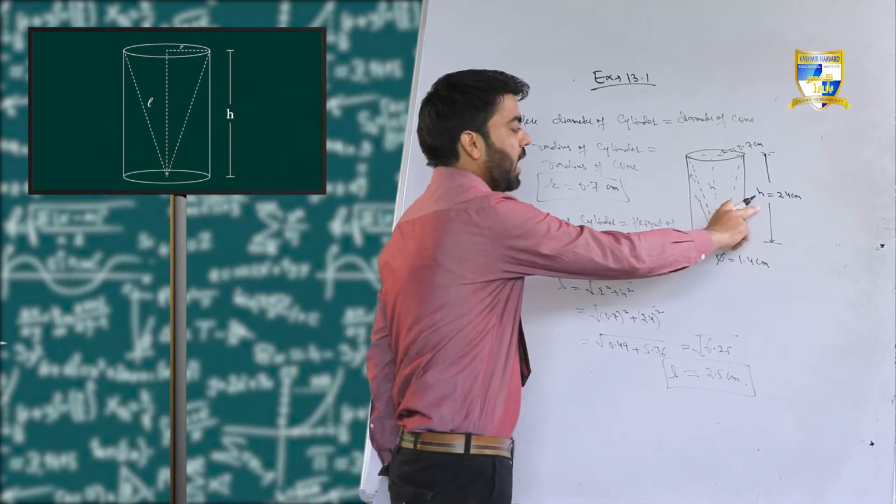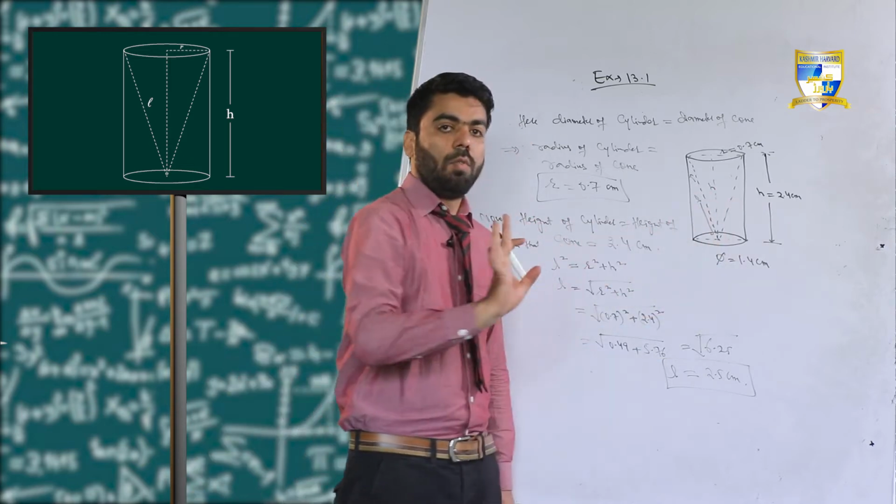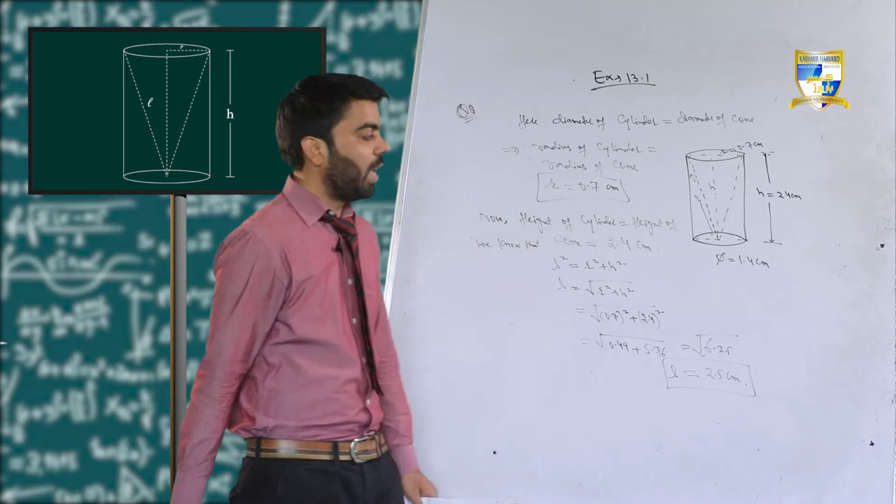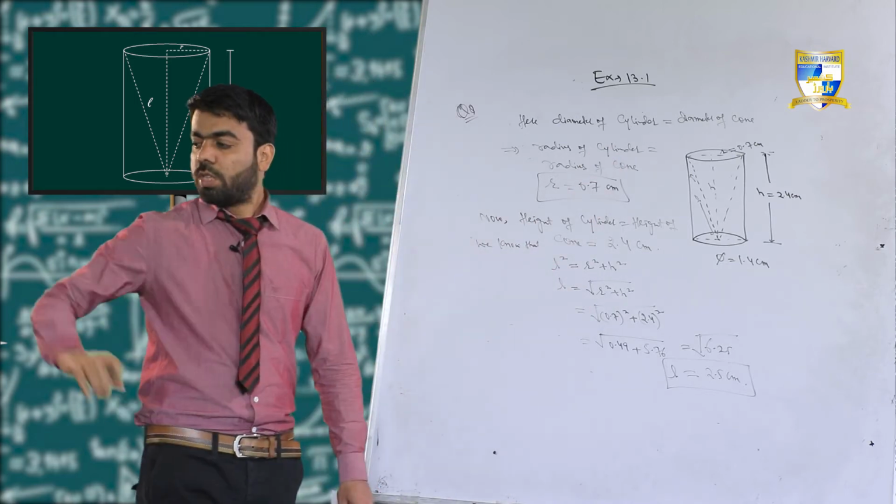So h of the cylinder we know, r of the cylinder we know, l of the cone we know, r of the cone we know. So we are done, and we will now use the formula.